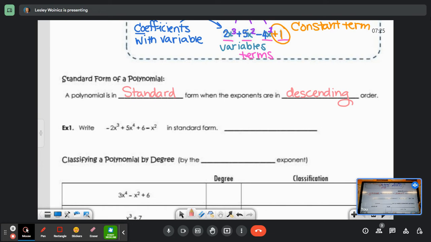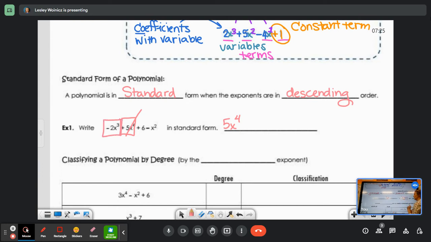So example 1 tells us to write this polynomial in standard form. So we have to start with the term with the biggest exponent. So I see this positive 5x to the 4th has the biggest power, 4. So I write that first, 5x to the 4th. Then I look for the next highest power.